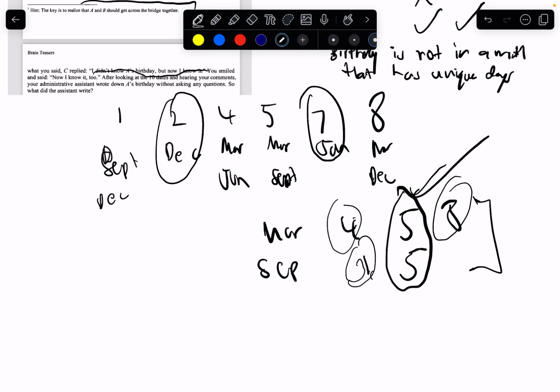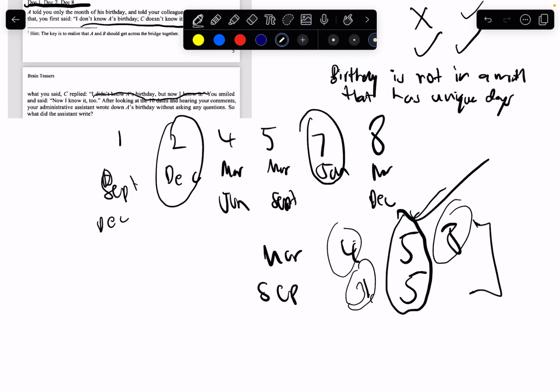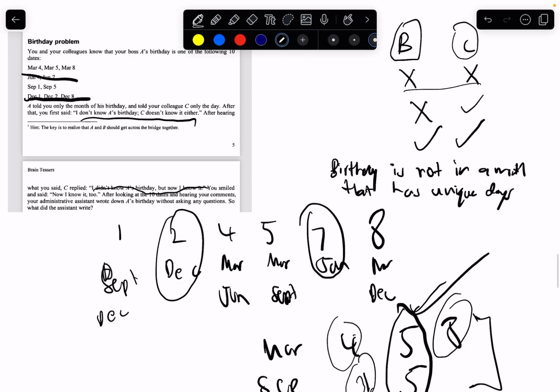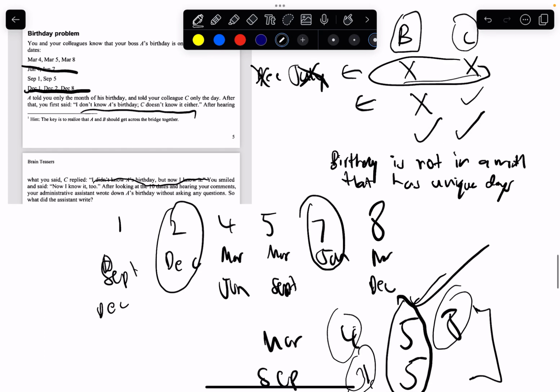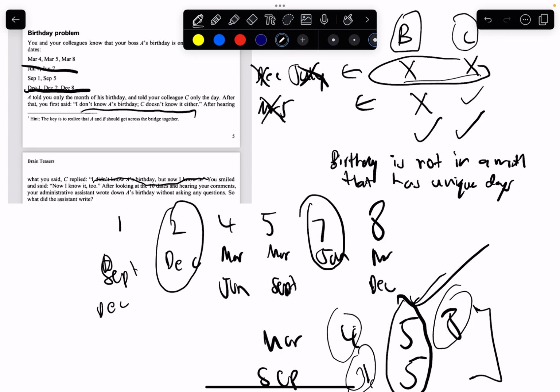So it could be 1, 4 or 8. After the first step, December and June were ruled out. After the second step, you can conclude that March 5th and September 5th are ruled out.